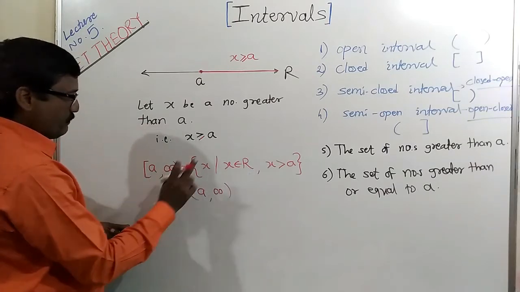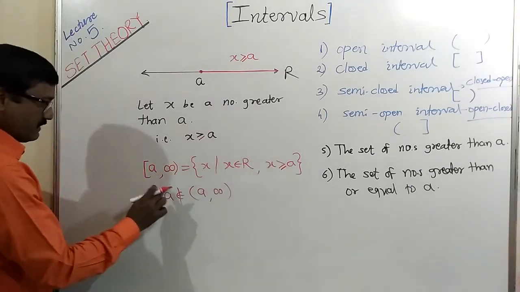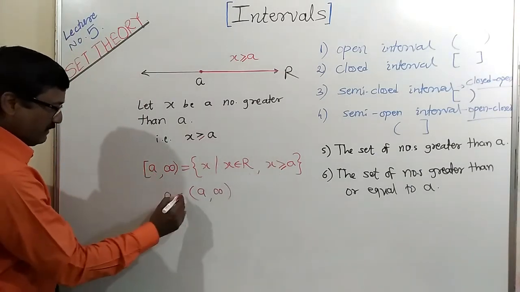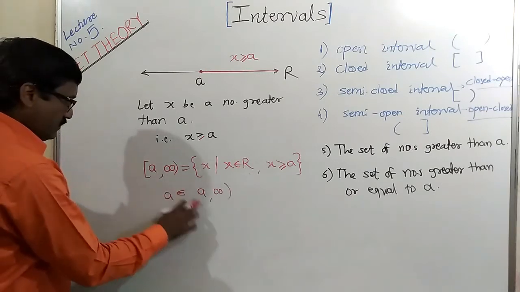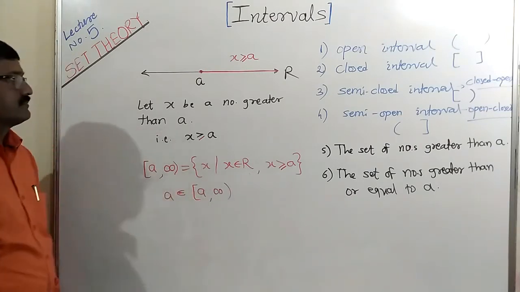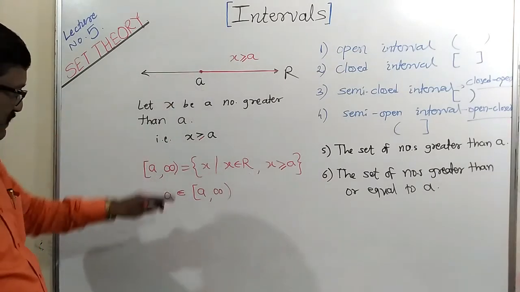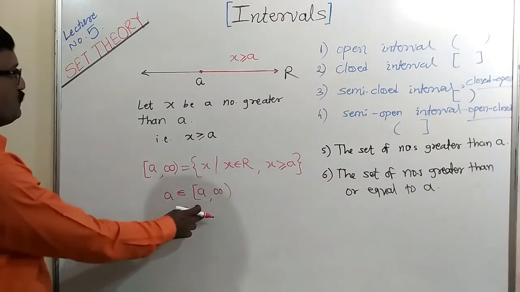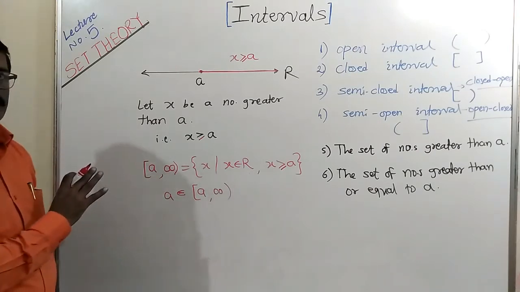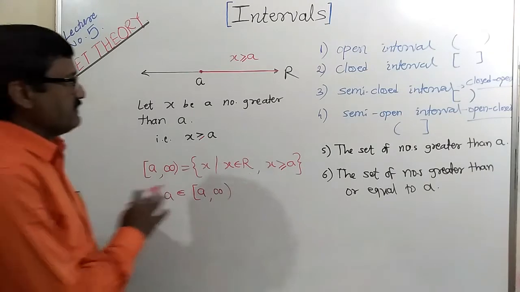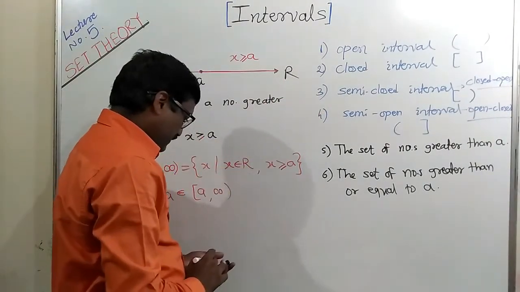So closed A, open infinity, x belongs to R, such that x is greater than or equal to A. Here A belongs to the set because A is closed now. Here this circle is solid, so A belongs to the closed interval A to infinity. Is it okay? It's very simple. If you understood these four basic concepts, then you can implement them here.